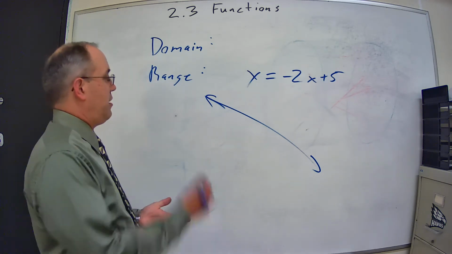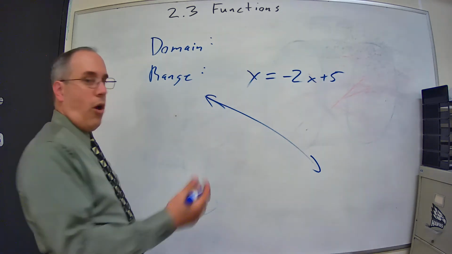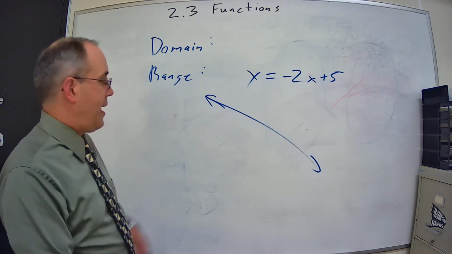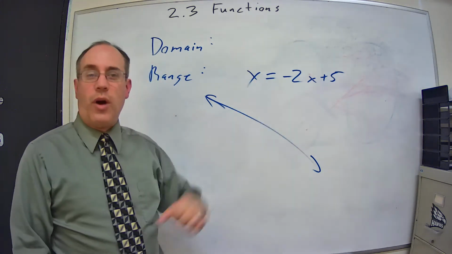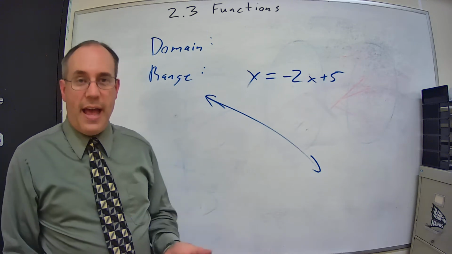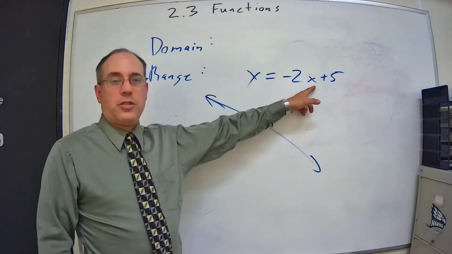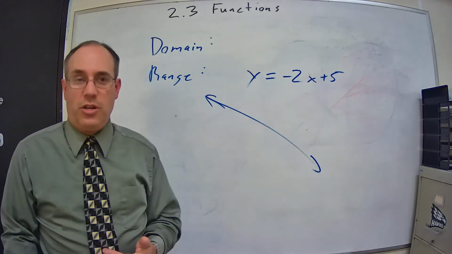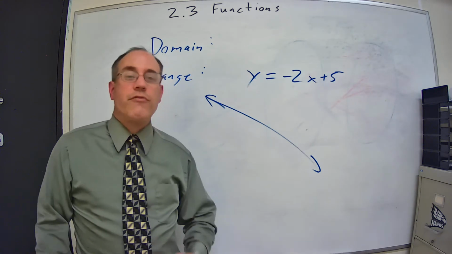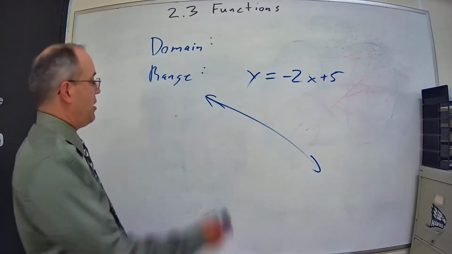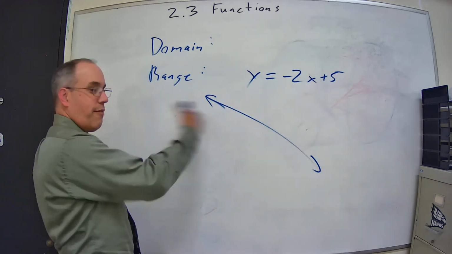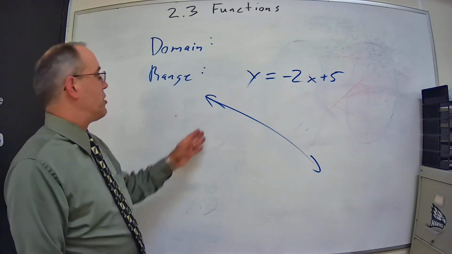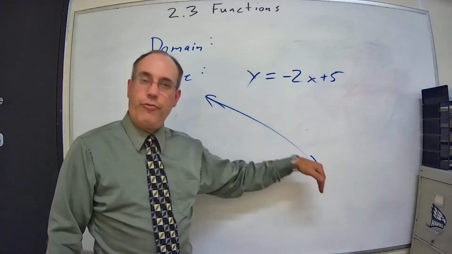The domain for this function is all real numbers, from negative infinity to positive infinity. We can take any x value and plug it into this, and we'll get a y value out. In fact, if we were to plug in all possible x values, we would get all possible y values, meaning that the range of this function will also be from negative infinity to positive infinity. So basically, this goes to the left forever and to the right forever, the domain, and it goes up forever and down forever, the range.